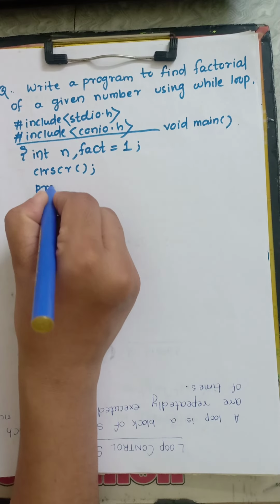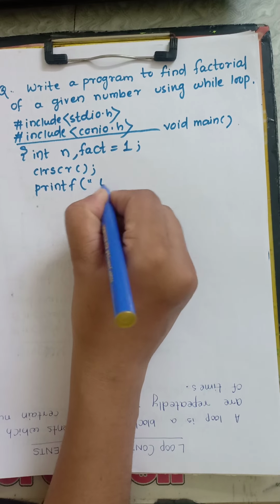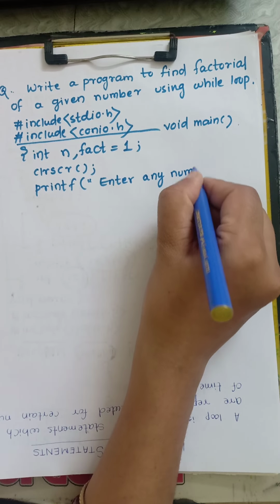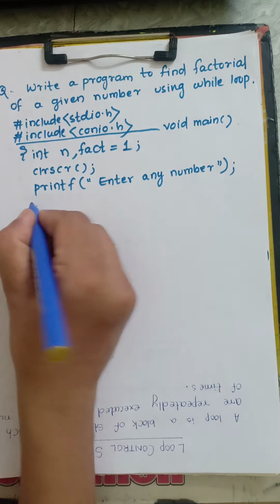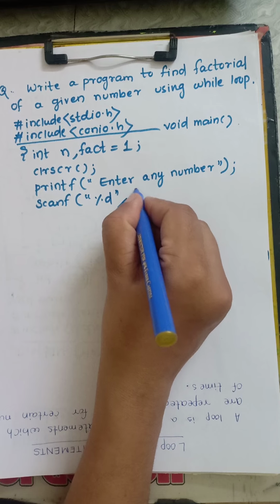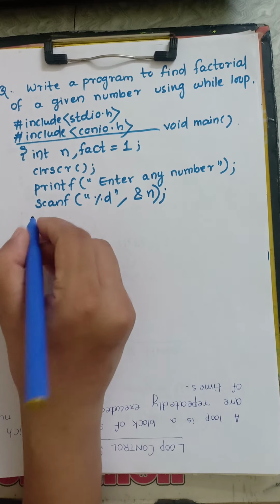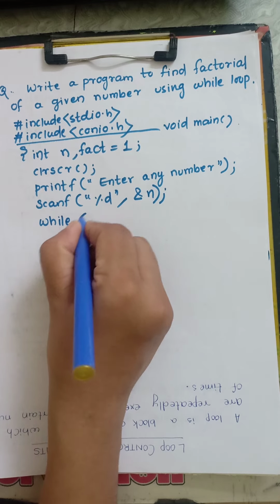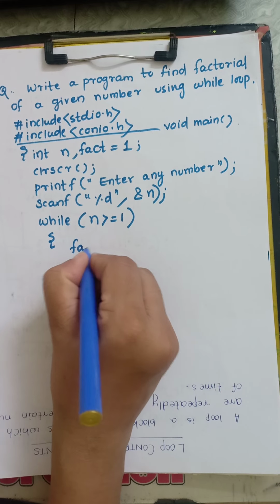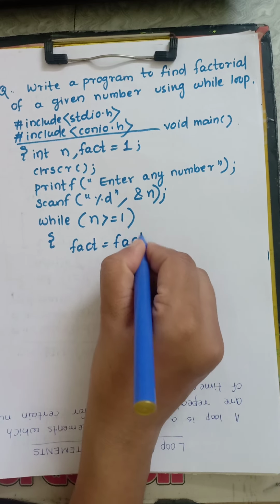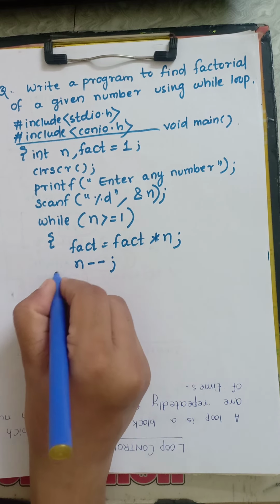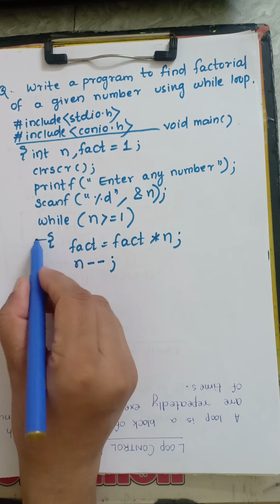Okay, clrscr, next is printf enter any number, then we write here scanf and ampersand n. Okay, next we use the while loop condition, n greater than or equal to 1. Okay, then here we write fact equals fact multiplication n, and the n value is n minus minus. Okay, next our while loop is finished here.